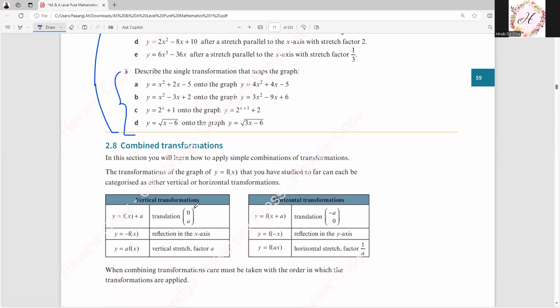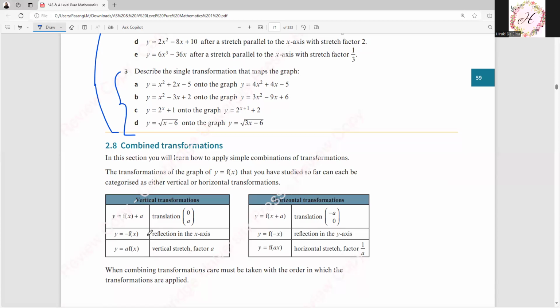If it's a vertical transformation, the x coordinates remain, but the y coordinates will be changed. For the reflection, again as a vertical transformation, it would be y equals minus y. That means the whole function f(x) has to be multiplied by minus 1, so we take a reflection.